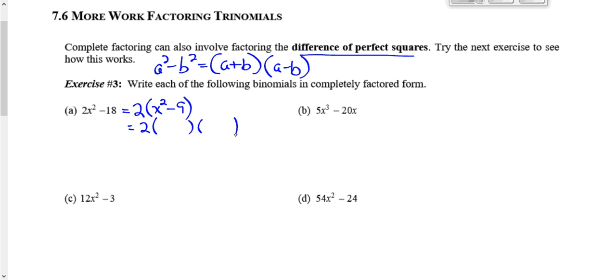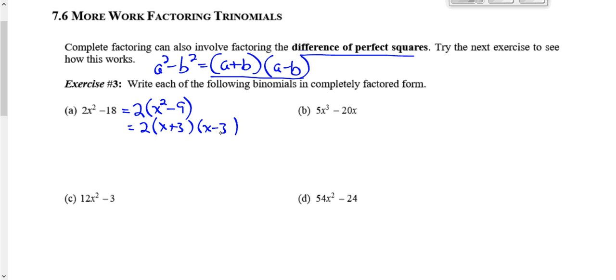Look up here. X plus 3 times what? Minus 3. A plus b times a minus b. Yeah?